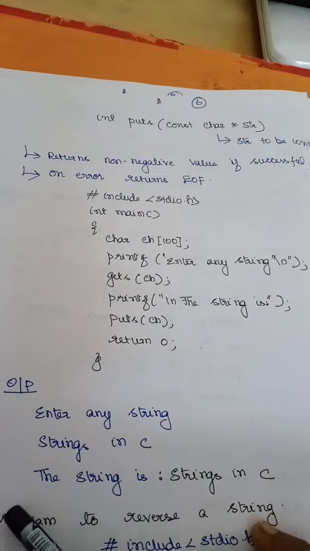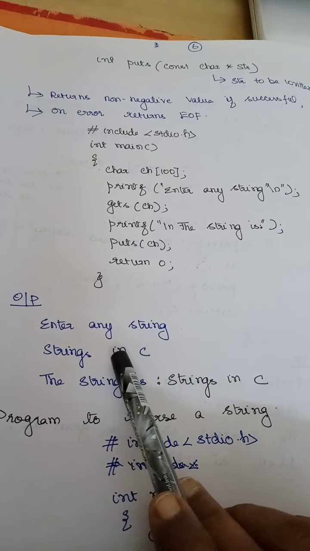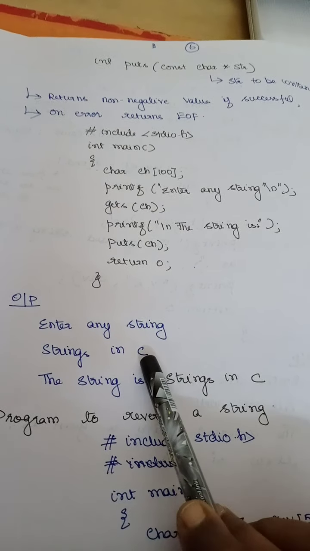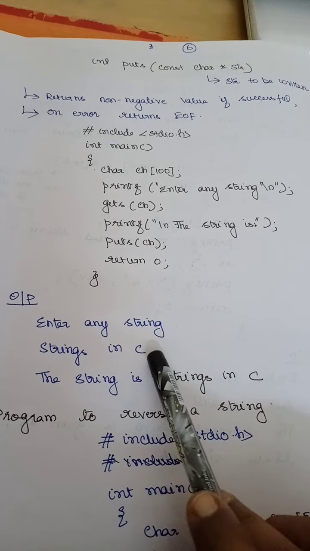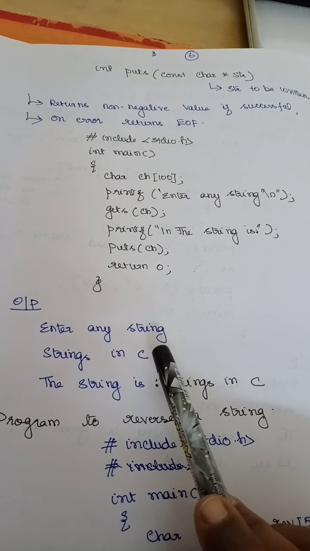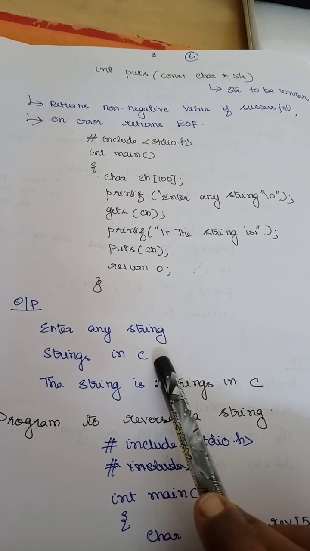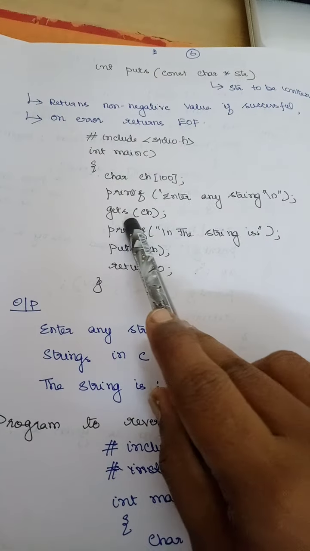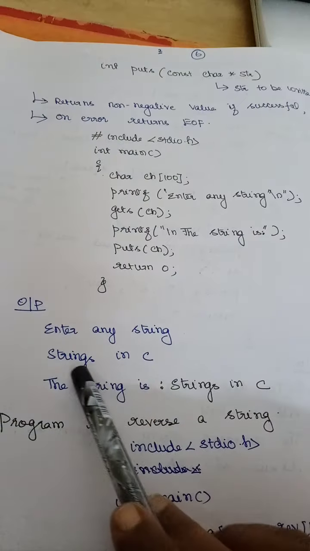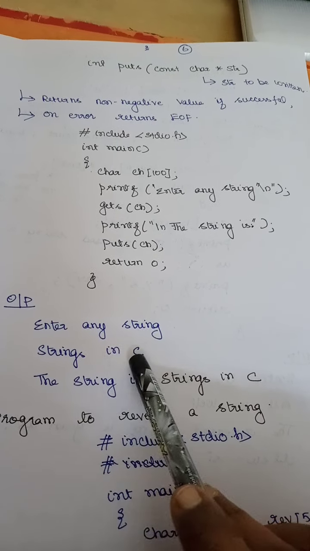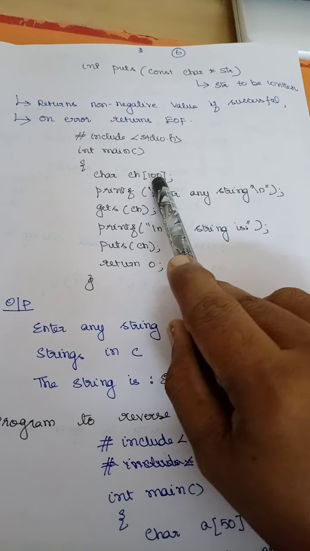Clear? So when you see here, this is going to be my input: strings in C. Here I have got spaces and everything. If I press enter or a new line, then it automatically stops reading. Till that point it will read the entire string, strings in C, into your array ch.